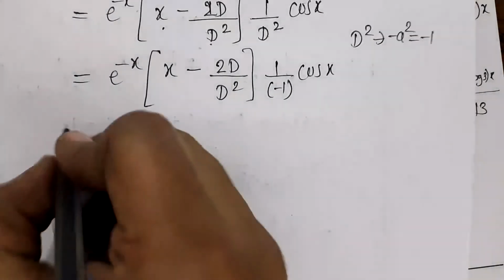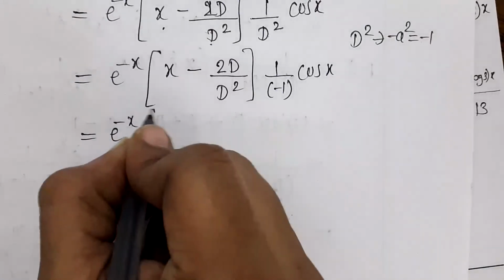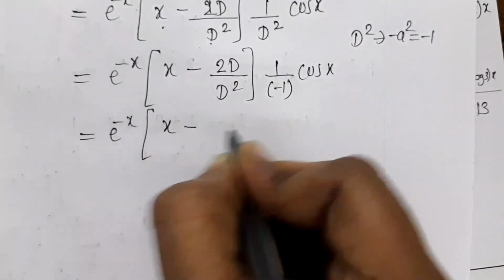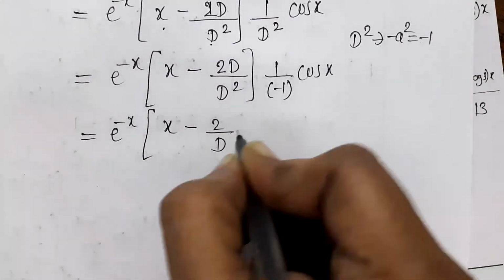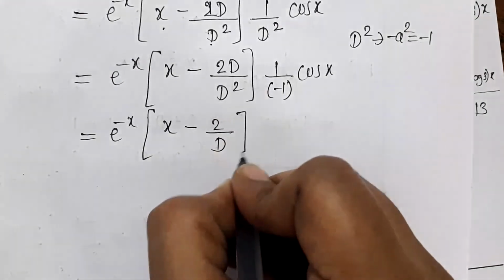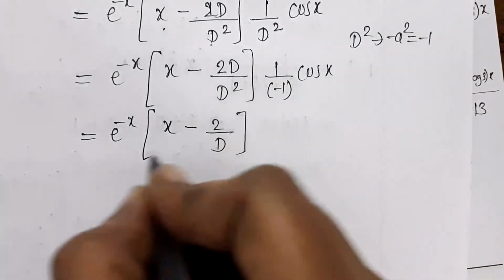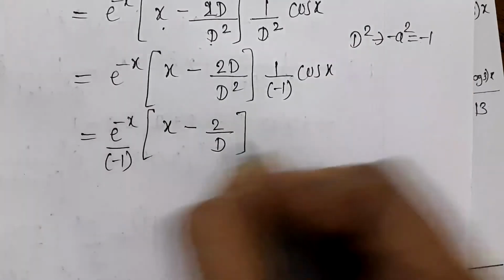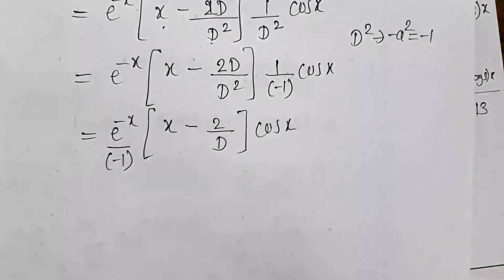Now it is e to the power minus x in bracket, x minus 2 divided by d. One d will get cancelled, 2 by d multiplied by cos x. I am writing this minus as it is.